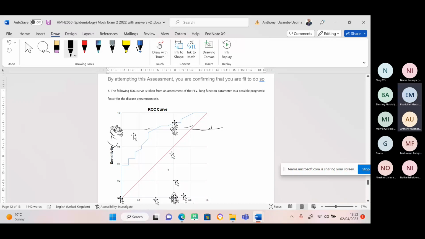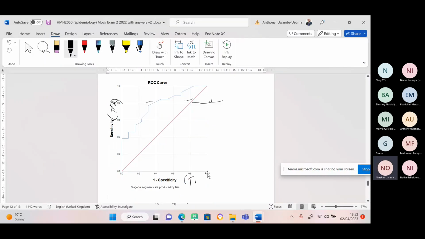If you are going from 1 to 0 here, our specificity will increase. So if your specificity is 0.4 at this point here, it is low now. It is not a good test.